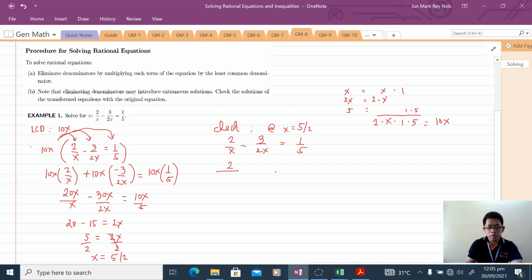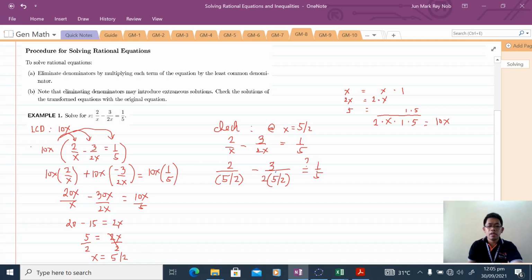So 2 over 5 halves minus 3 over 2 times 5 halves, is it really equal to 1 over 5?